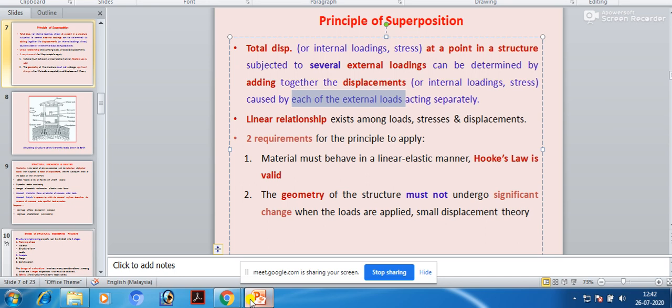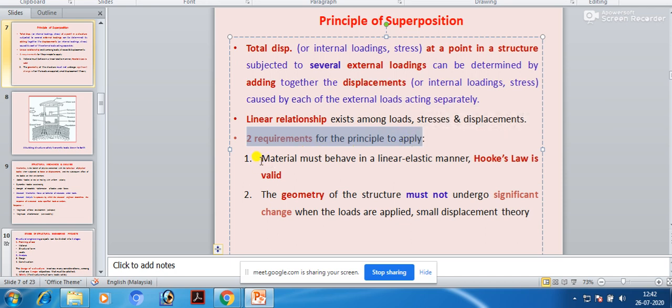Whatever structural analysis we will be learning in this semester, all the structures will be considered within the elastic limit, and Hooke's law is valid for all the cases. To apply the principle of superposition, there are two requirements that must be satisfied.